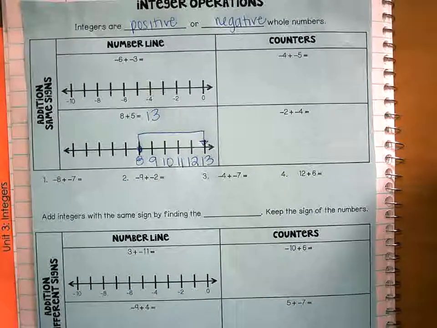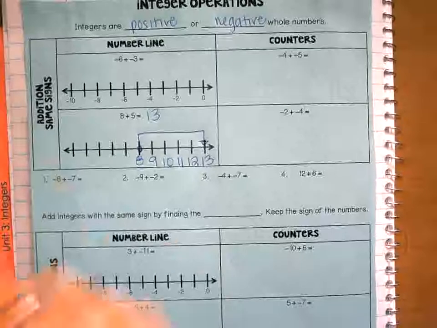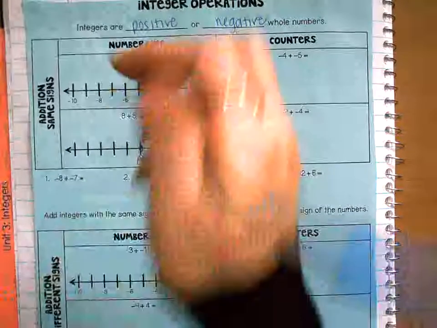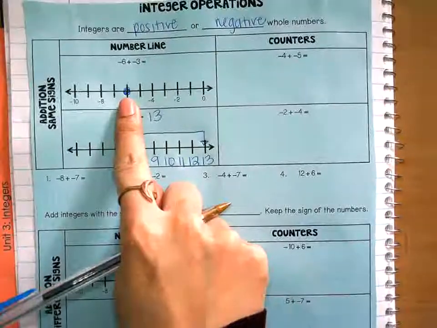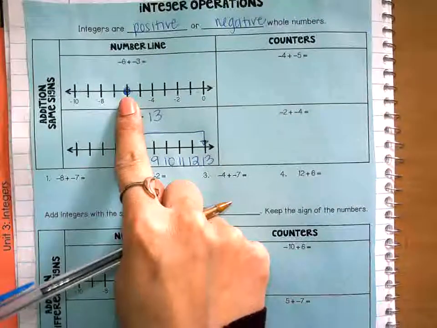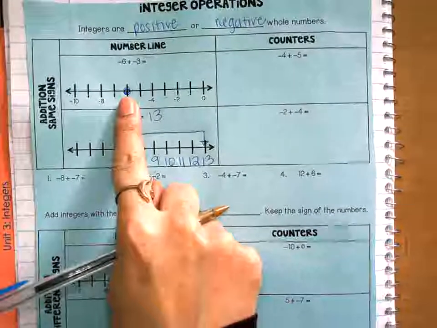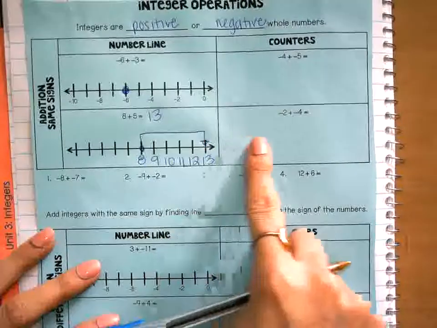Yeah. Okay. Now let's say they are both negatives, like the one right above it. I have negative 6 plus a negative 3. I put a dot on negative 6, because my point always starts on whatever that first number is. I want to add, and typically when we add, what direction did our line go?